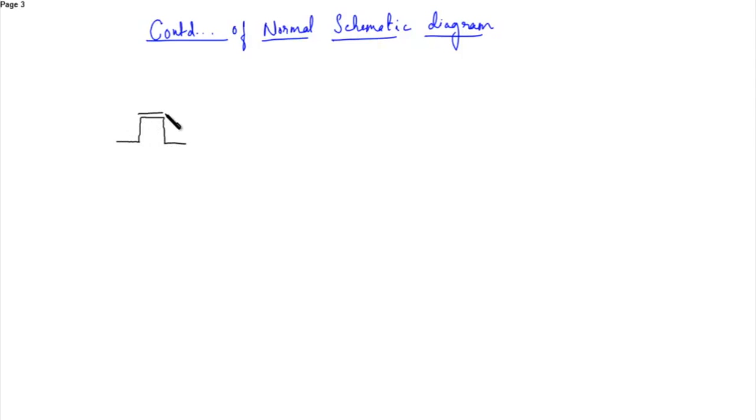This is the input D. This is the output. This is what had to be changed over here.